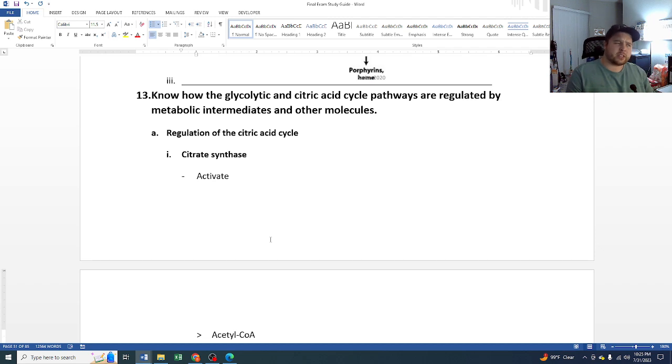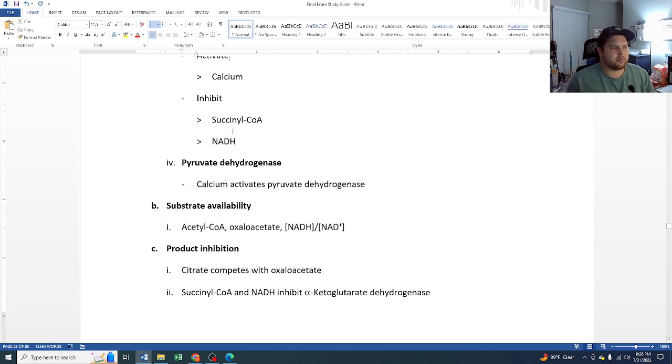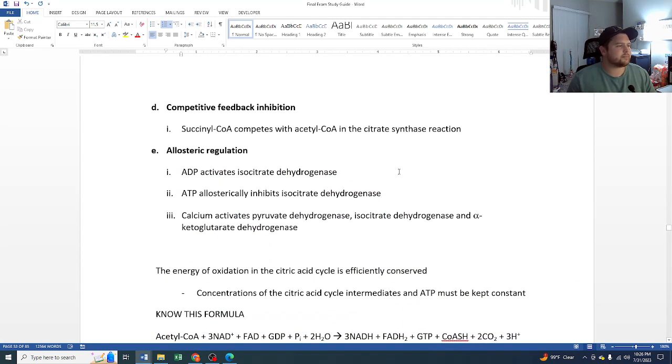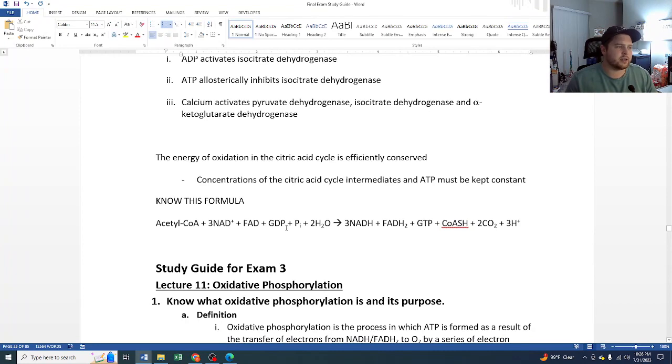If it's one of the steps that produces NADH or FADH2 or GTP, and there is a lot of that already, it's going to be inhibited. If there is the precursor, so a lot of NAD plus or FAD or GDP, for example, then those reactions are more likely to occur. They're going to be activated. Rather than spending all this time memorizing all this stuff, don't worry about that as much. Know the reasoning behind it, not necessarily just memorization.